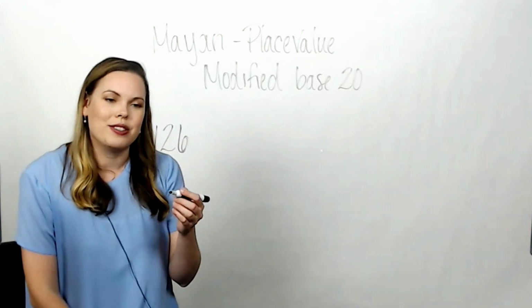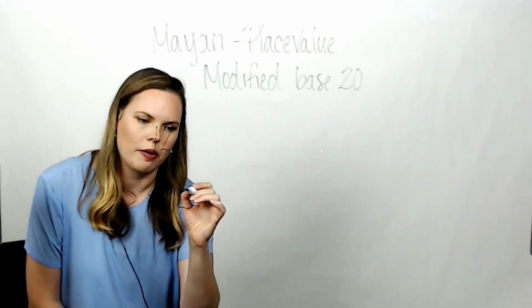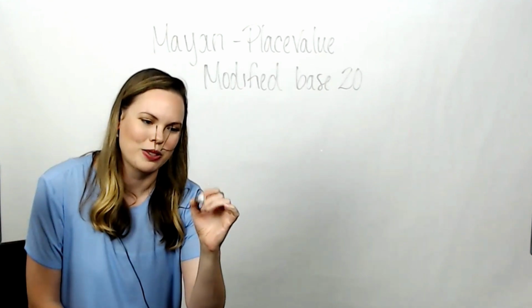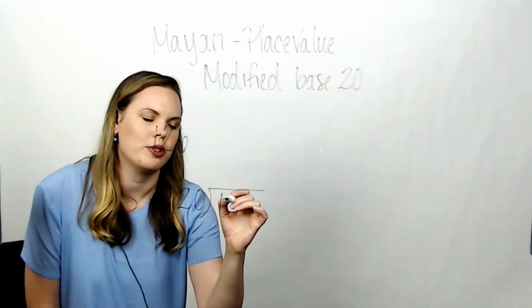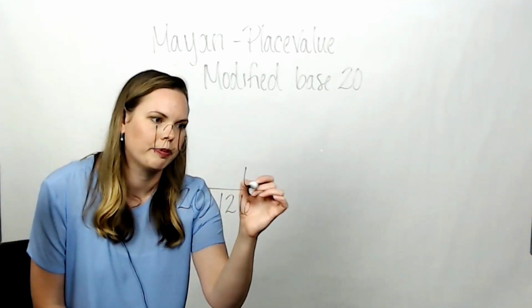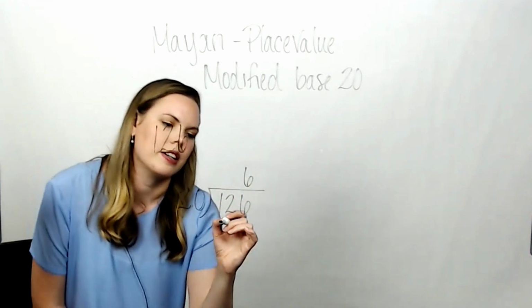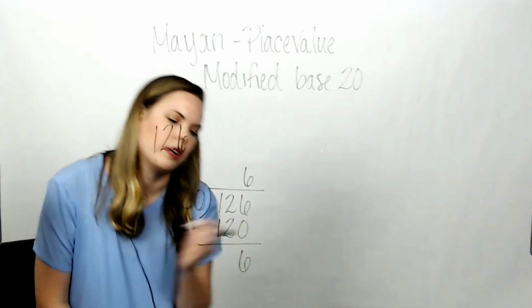I'm going to divide this by 20 to show you. How many 20s are going to fit? 20 into 126 goes 6 times. 20 times 6 is 120. We subtract and have 6 left.